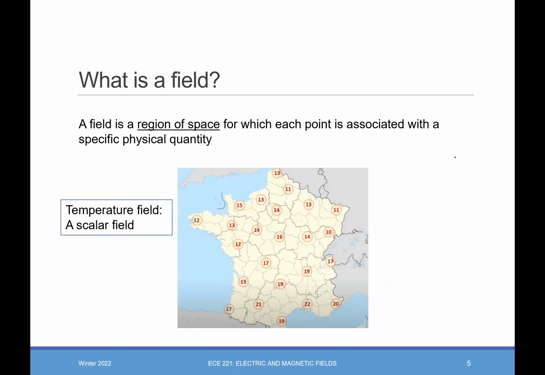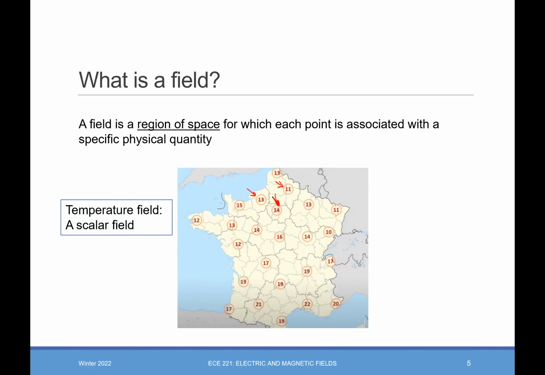For example, in this map, there are some numbers on different regions of the map. You see 11, 13, 14. These numbers show the temperature of different regions in this space.